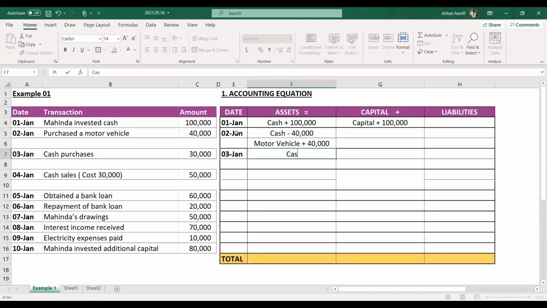So 30,000 worth of stock we are selling, and that will give you a profit of 20,000. Profit 20,000.